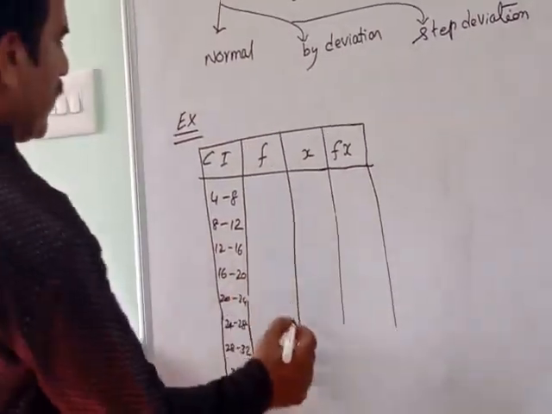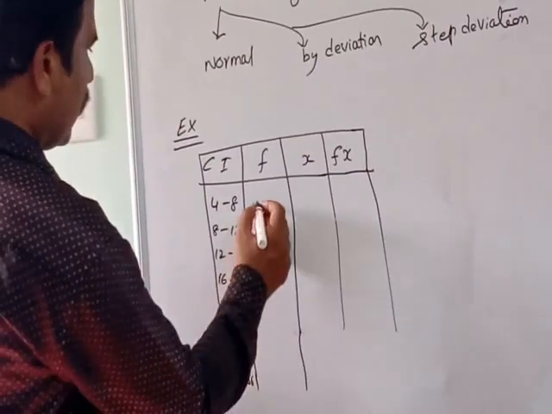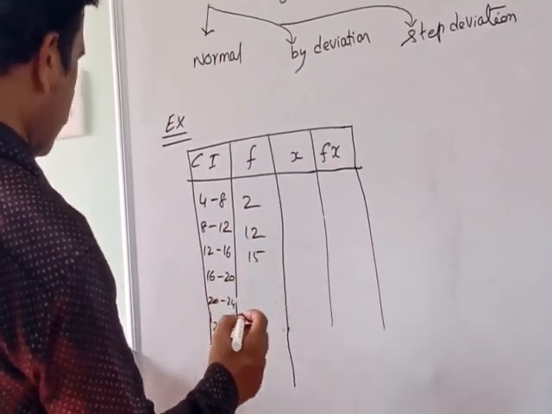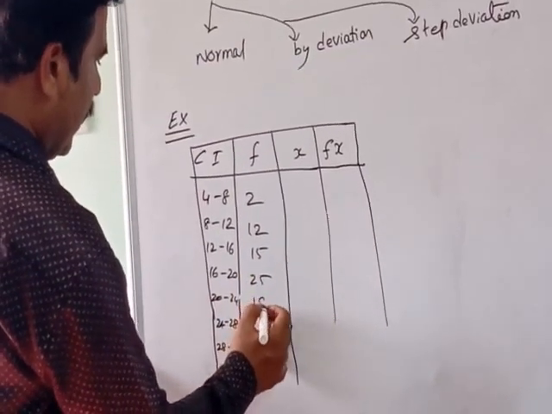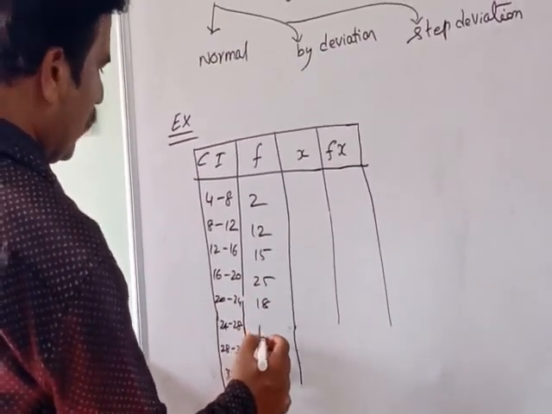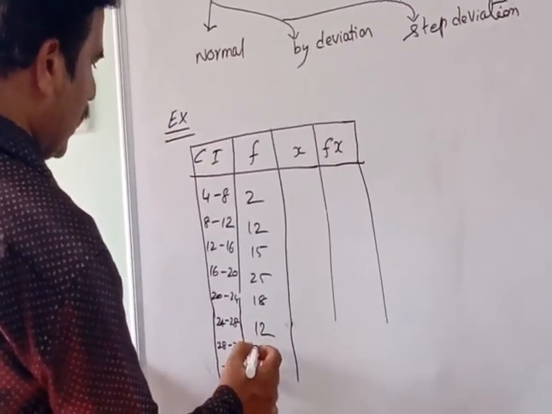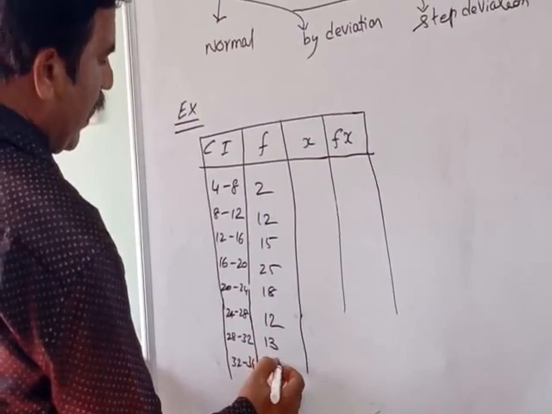Now the frequency values given are 2, 12, 15, 25, 18, 12, 13, and the last is 3.